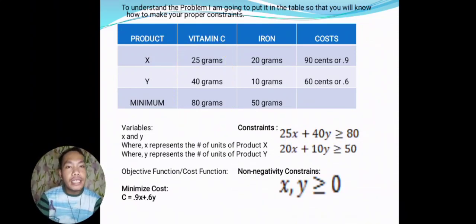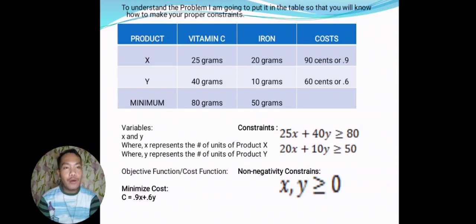So it becomes 25x plus 40y greater than or equal to 80. Why do I use greater than or equal to 80, or greater than or equal in the inequality? It is because we are asked to minimize in our problem. If it is maximize, we will use less than or equal to.